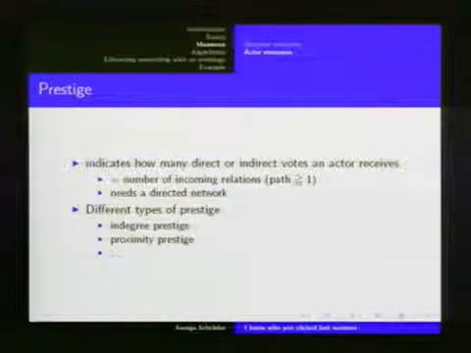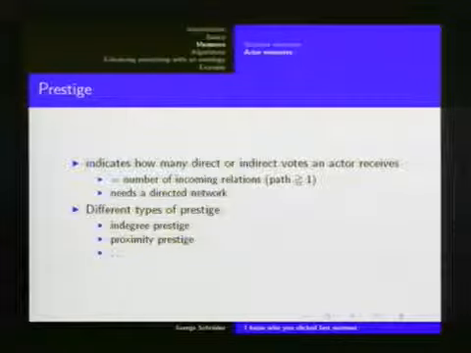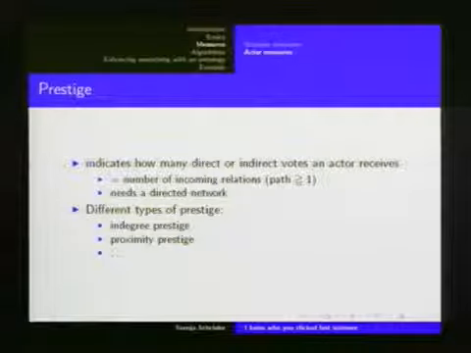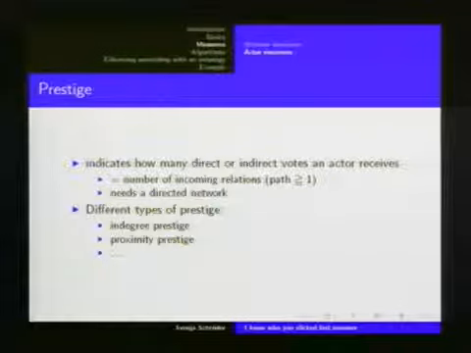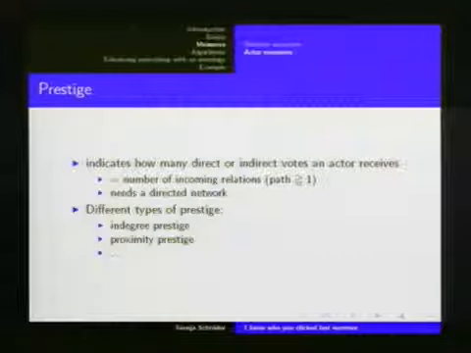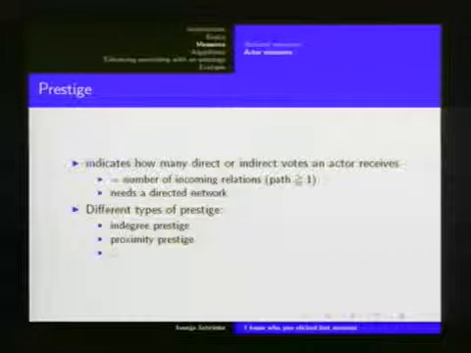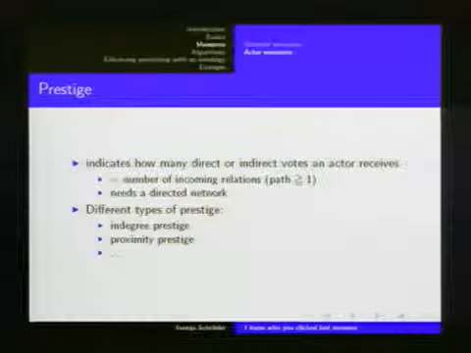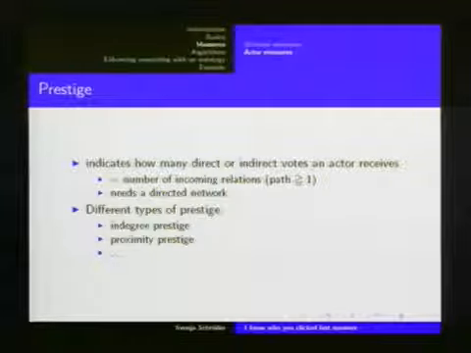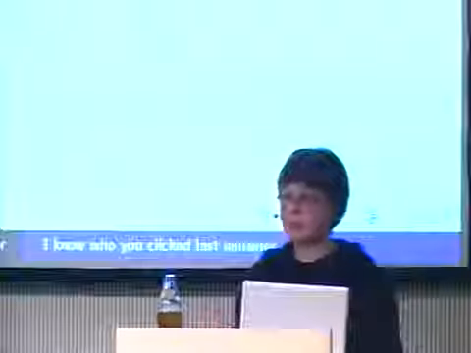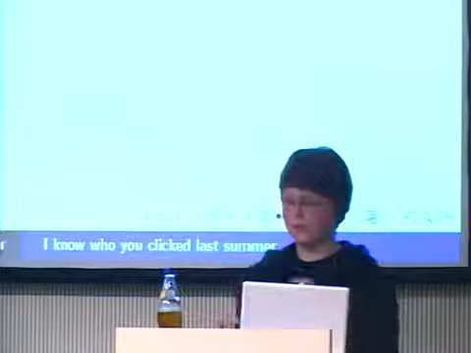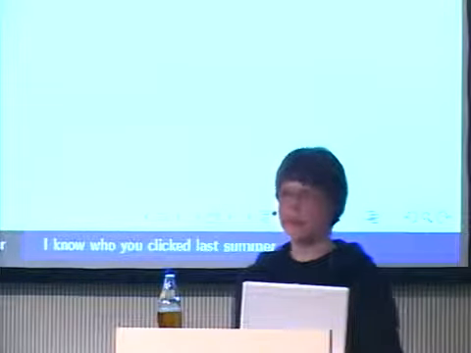The in-degree prestige is, as you can guess, the in-degree of a node. You just count the number of incoming edges. And proximity prestige is if you are voted for or reachable by very many actors on a short path or a short distance. So it's very close to closeness centrality because you look at short distances to other actors.